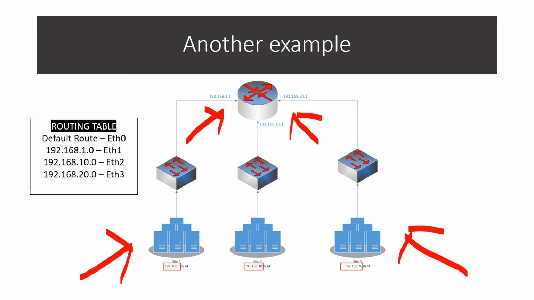This scenario is common in multi-location offices. Normally the router would sit at your main office, your head office, and you'd be able to route and send information throughout all the different branch offices using a setup similar to this.